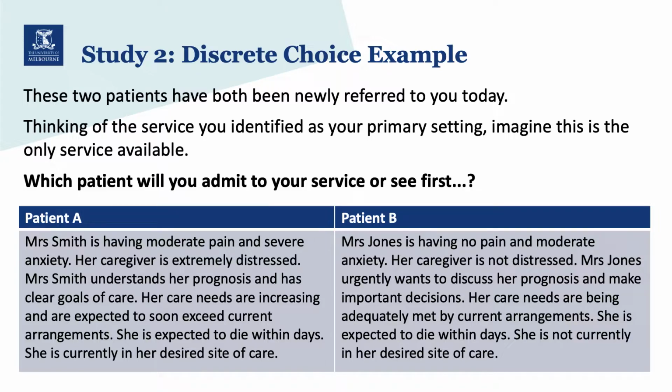And we might have found in this particular pair during the discrete choice experiment, maybe 50% of participants would have picked A and 50% picked B. It's a very difficult decision, and maybe there's not really a right or wrong answer. But perhaps if one of them had several less things going on and the other one had severe pain or was imminently dying, we might have found now 90% of participants picked A over B. So this is how the discrete choice experiment worked.